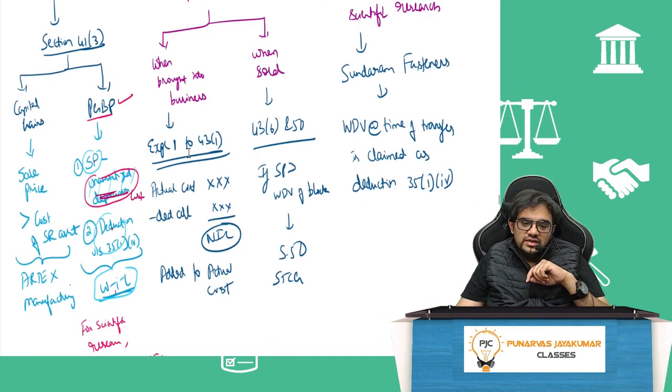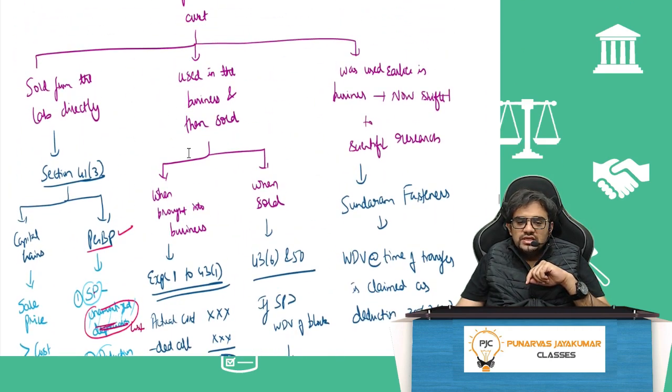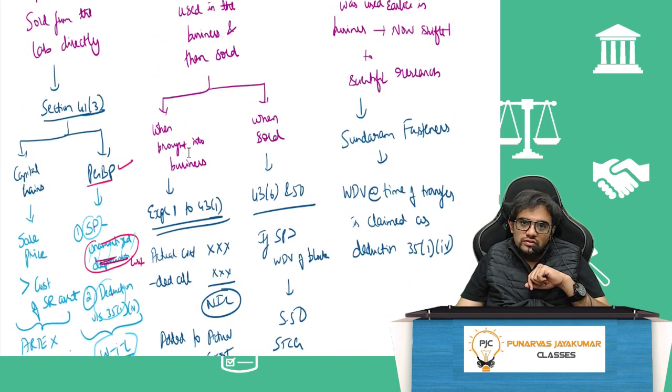This is as per the Artex Manufacturing case law. For instance, if the scientific research asset was 10 crore, full deduction is taken, 10 crore. It is sold for 14 crore now. Hence, that 14 crore minus 10 crore, 4 crore will now be capital gain.